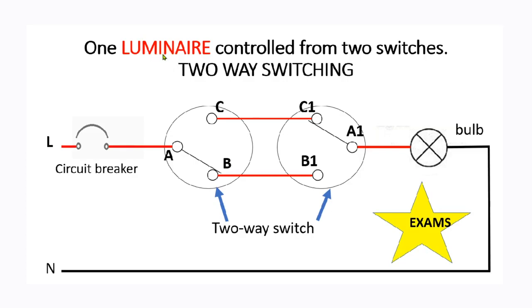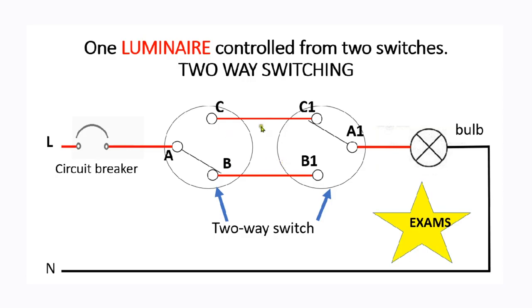Lumina, another name for it is bulb. So if I took out the word lumina and put the word bulb in here, it will read one bulb controlled from 2 switches. We commonly refer to this type of connection as two-way switching. Okay, two-way switching. You need to know how to draw this diagram for your exam.